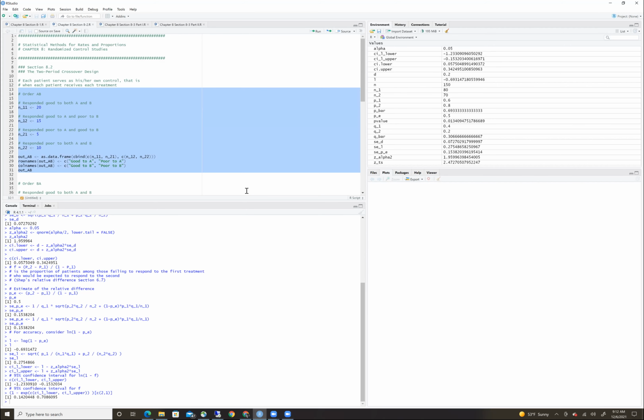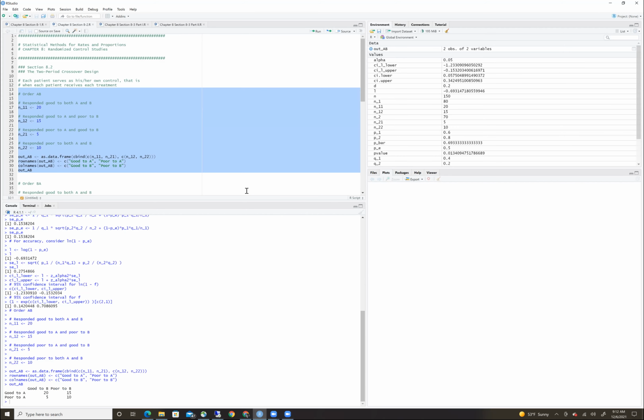Okay, so here we have an example where we set up our table with the A to B patients. And when we do that, we see that for the patients who were ordered A to B, they were either a good response to A or a poor response to A, and then a good response to B and a poor response to B. And when you think about this, if a patient responds good to both treatments, their information doesn't help you very much.